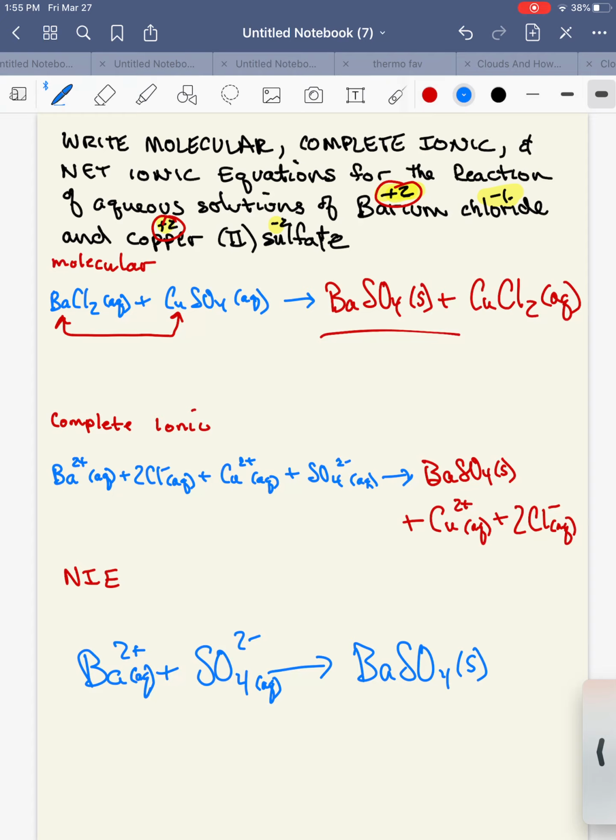And so that's all there is to it. To me, this complete ionic is the more tedious step. I won't say it's hard, but it's more tedious. Because from the first, right here, that's when I'm breaking apart.